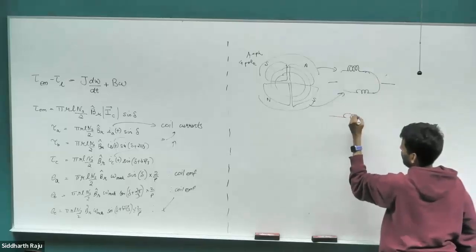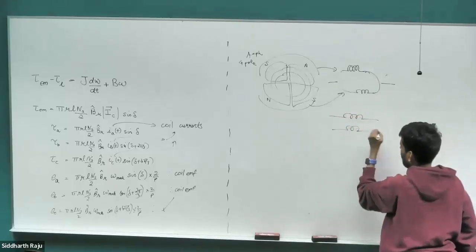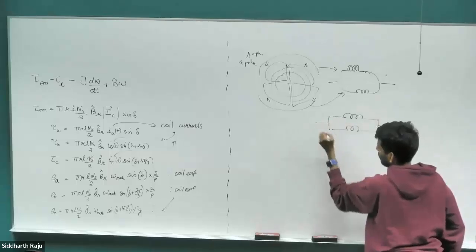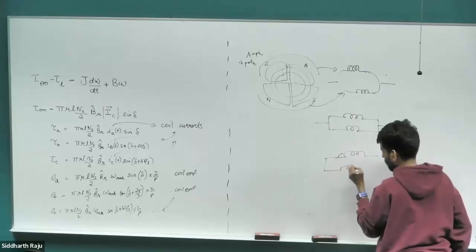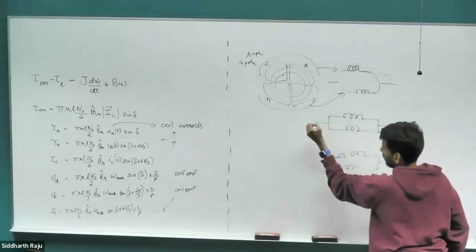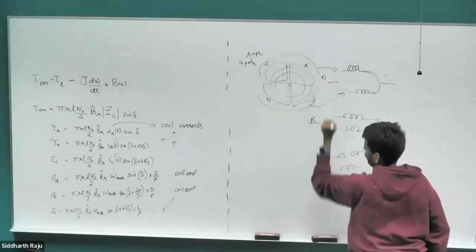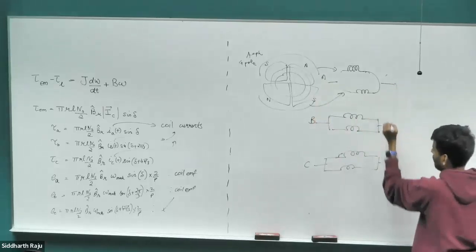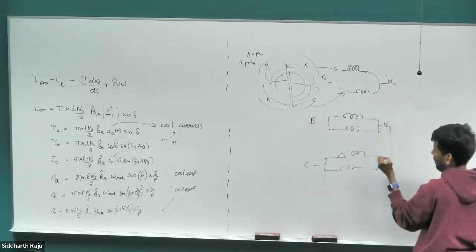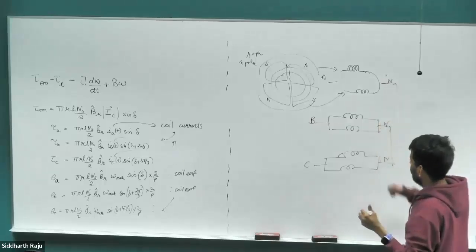So the other 2 phases would be like this as well. So you will have your B phase, and then you will have your C phase. So this would be your B, this would be your A, this would be your C. These 3 terminals come out. These 3 terminals are shorted and just buried inside the motor. This would be the 4-pole case.